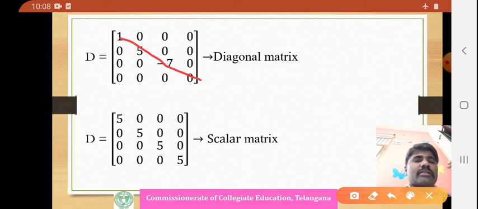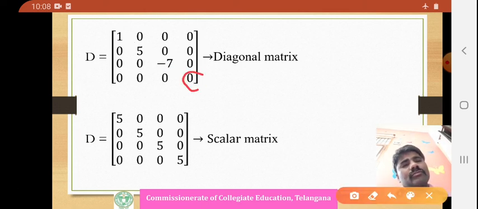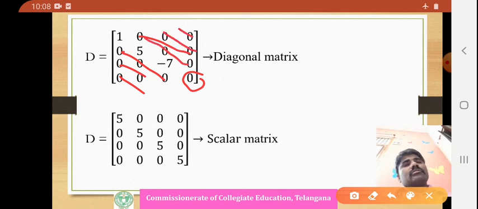Principal diagonal elements also may be 0, here this element is 0. Some elements are zeros, some are not, but the elements other than the principal diagonal must be zeros.